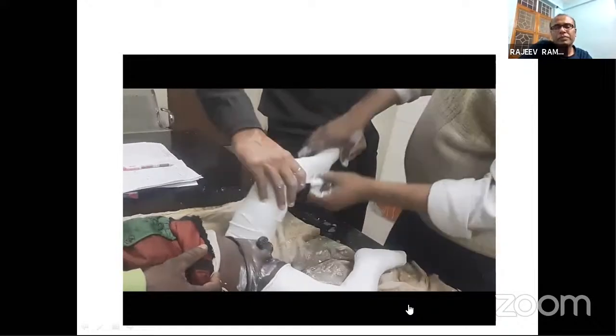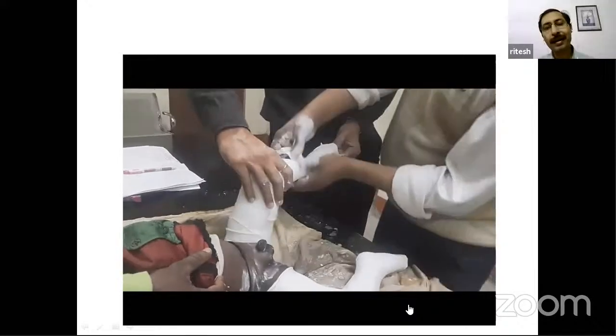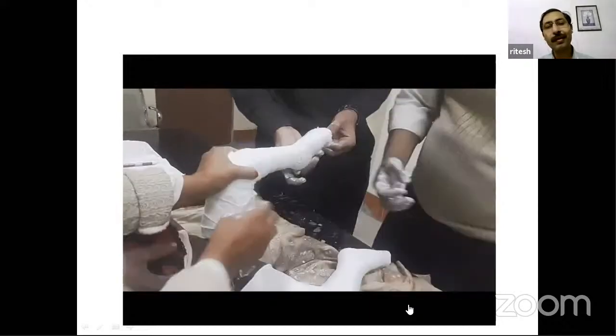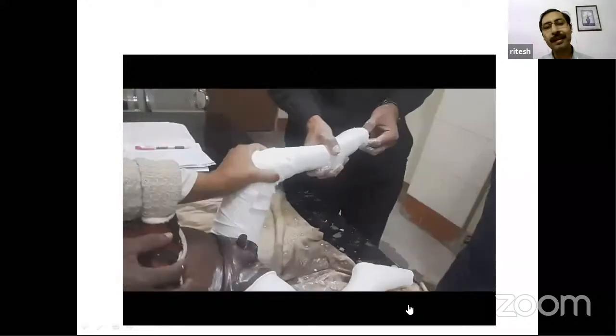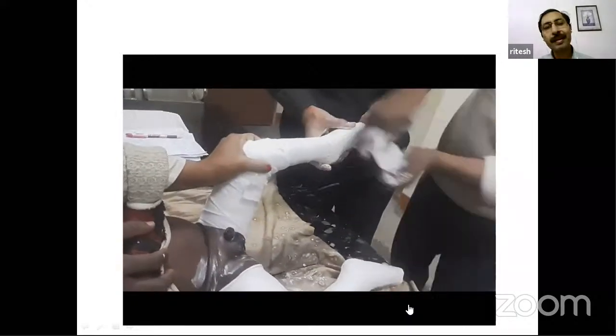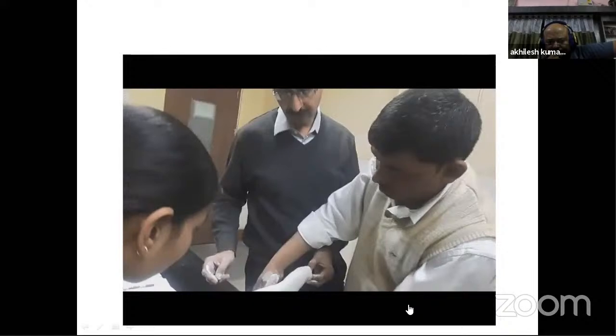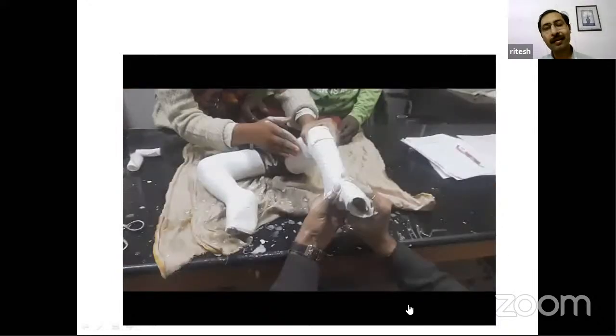What I have noticed in my practice is that getting a good assistant while applying a cast is of utmost importance. If we don't have a good assistant, then it is a big problem. And by sitting down, what I try to ensure is that the bias of creating dorsiflexion is lost.